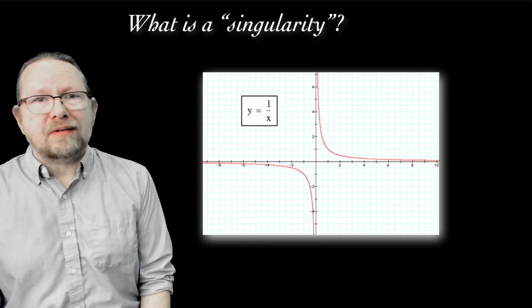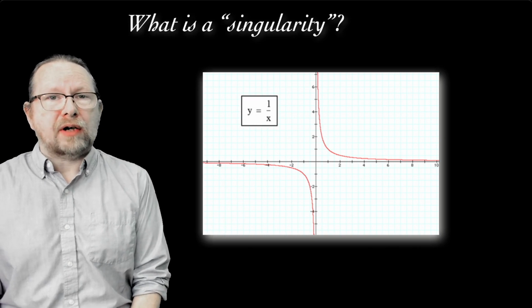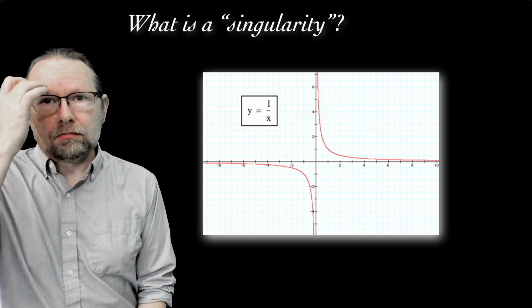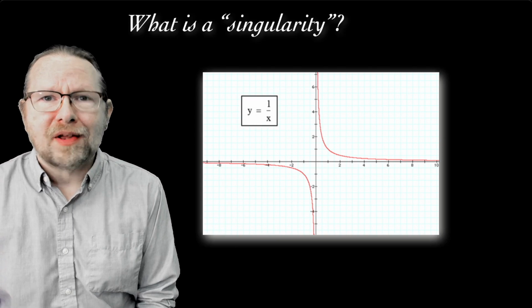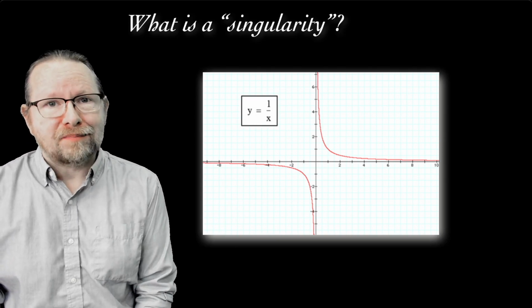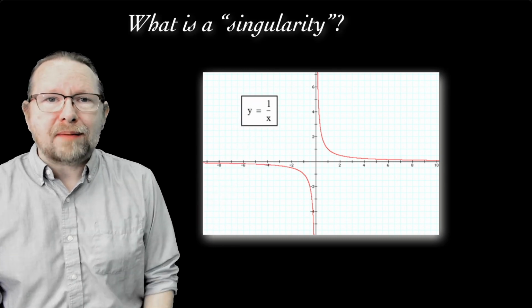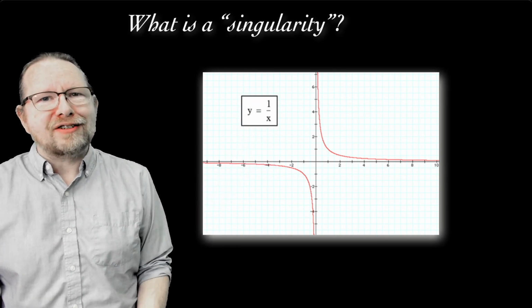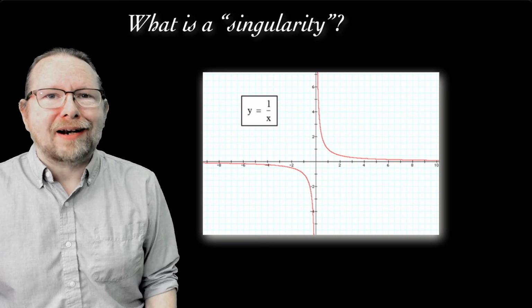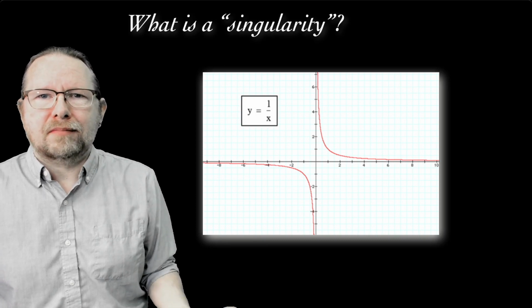So this function, y equals 1 over x, is fine, unless you try to plug in x equals 0. If I plug in x equals 0, I get y equals 1 divided by 0, and 1 divided by 0 is not a legal mathematical process. You can't do that.